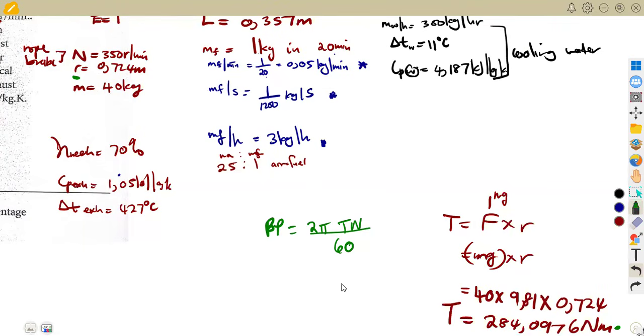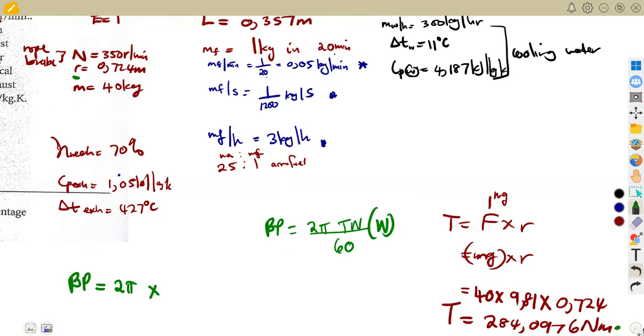So at the end of the day, we're going to have our brake power from this formula. The brake power that we are seeing here will be measured in watts, and we're supposed to convert it to kilowatts. As we get it direct like this, it is going to be in watts.